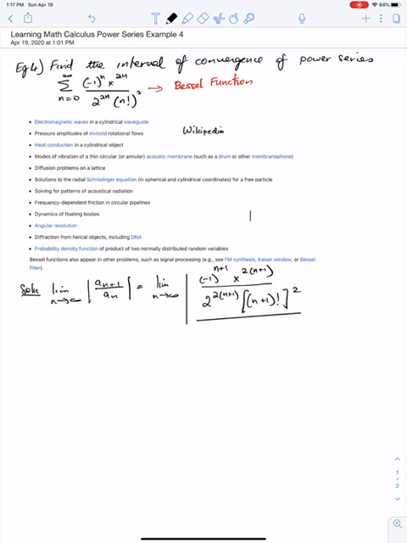And now this will be a_n. Let's extend the absolute value sign more. a_n is just (-1)^n x^(2n) over 2^(2n) (n factorial) squared.